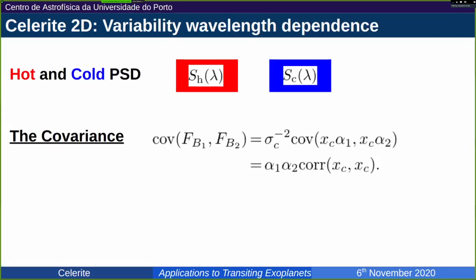To analyze the variability in two bands is equivalent to expressing the power spectrum density in two components, hot and cold, that are variable in wavelength. The flux in each band has the contribution from both components at different temperatures.